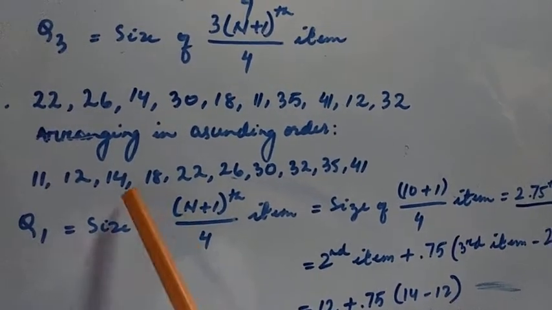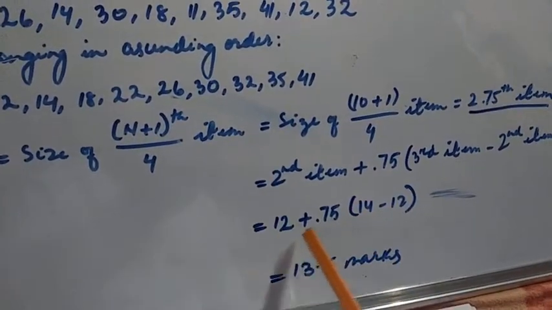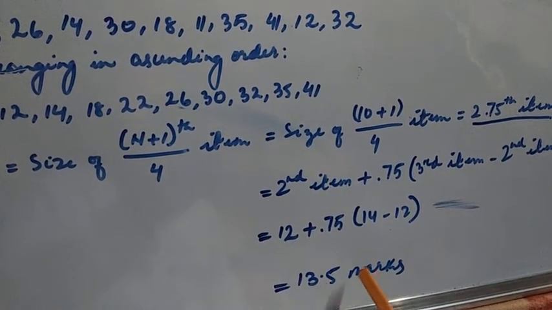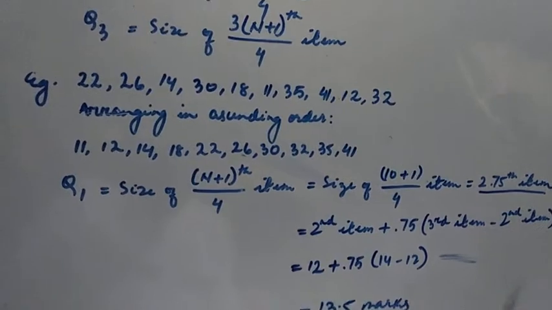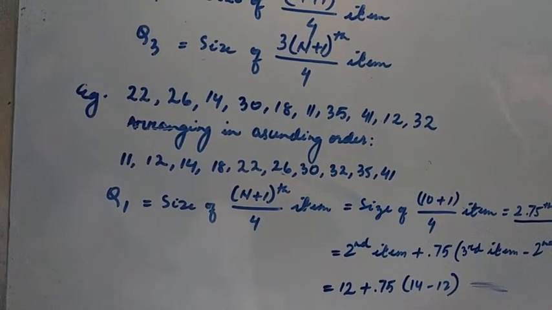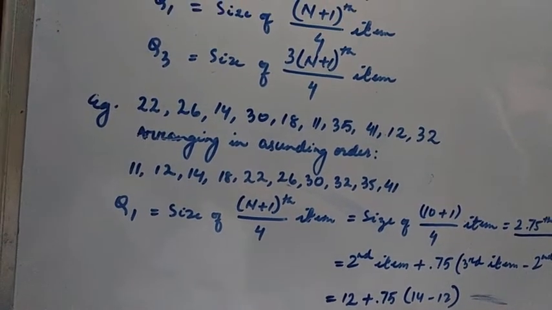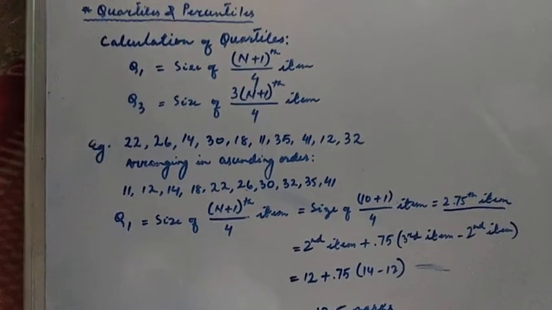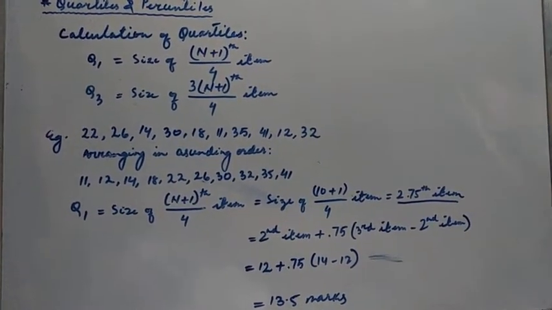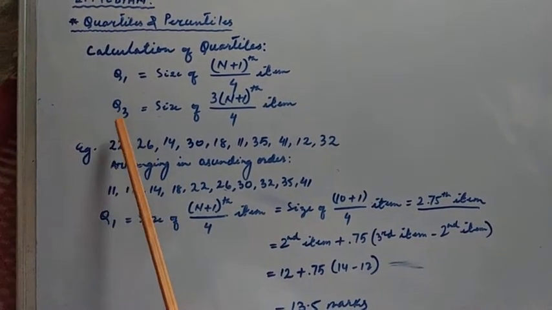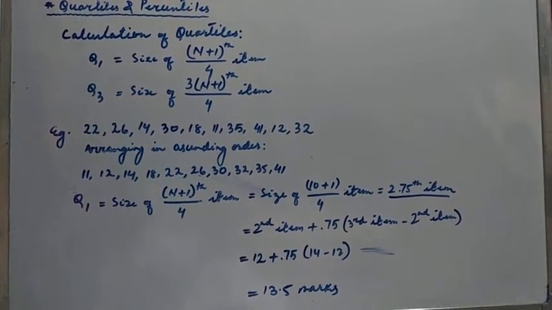So 12 plus 0.75 times (14 minus 12), and when you calculate this, you have 13.5 marks. That is the lower quartile of the marks obtained by the 10 students. That is how you calculate quartiles. Try to find the location or value of Q3 by yourself.